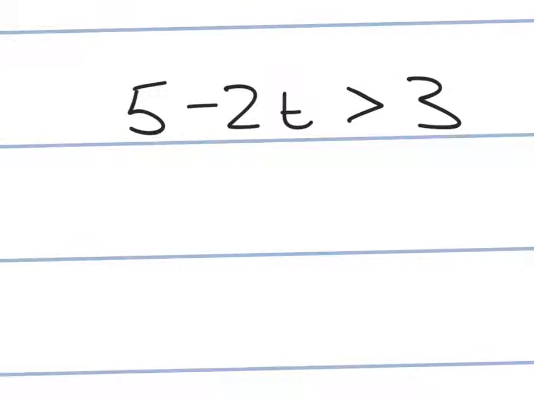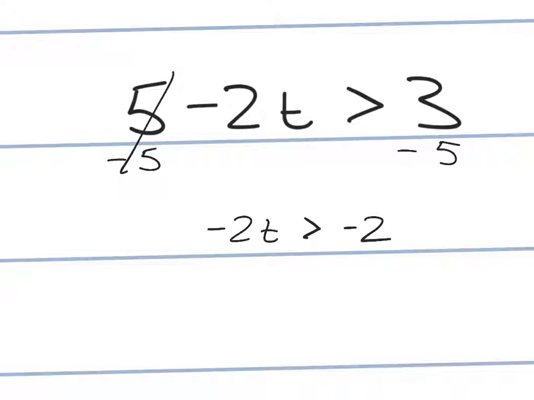All right. What's my first step here? Subtract 5. Remember, don't do your multiplication or division first. We get negative 2t is greater than negative 2. Divide by negative 2.